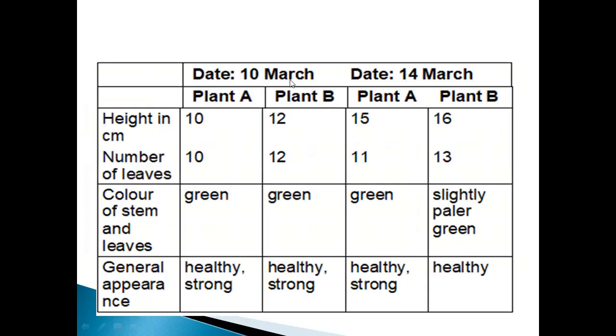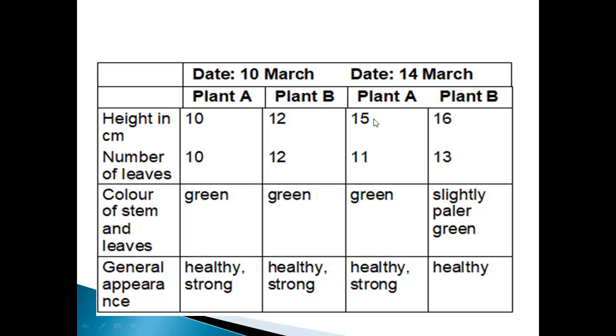Date 10 March, you can write any date according to you. Height in centimeters: plant A 10, plant B 12. Number of leaves 10, 12. Color, both green. General appearance, both healthy and strong on the first day.